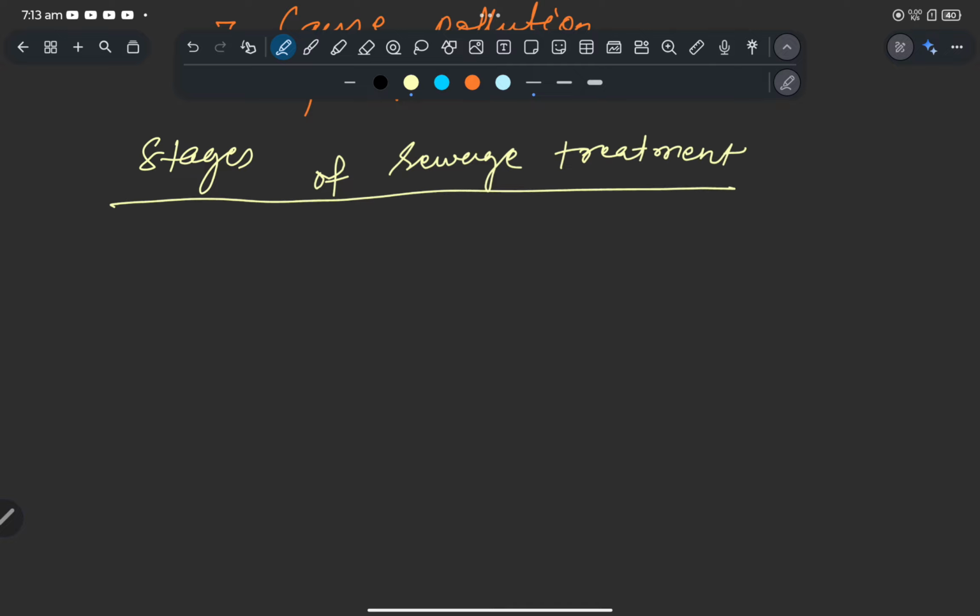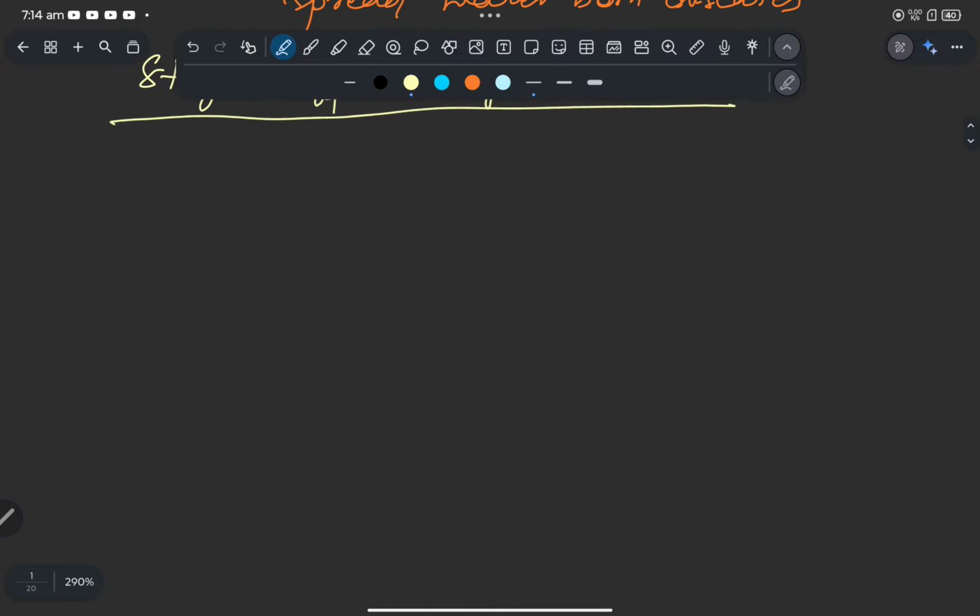As I have mentioned, the major components are the organic matters and human excreta, but besides that it also contains many other things like pebbles and oil globules. So various materials are also there. Now let me give you everything in a flow chart.